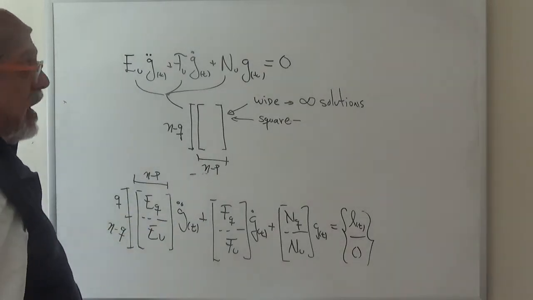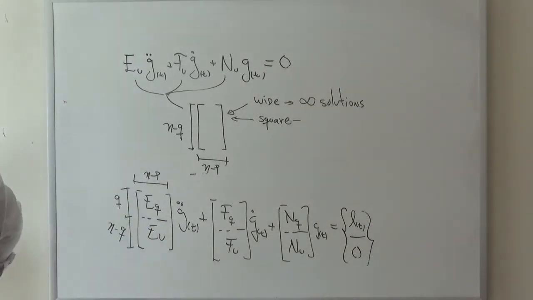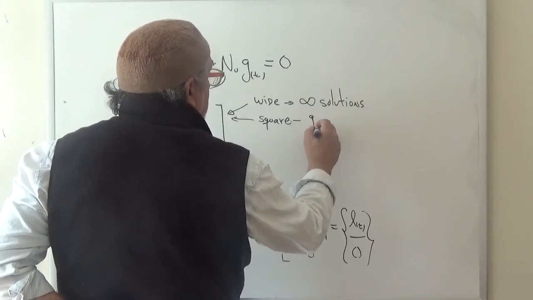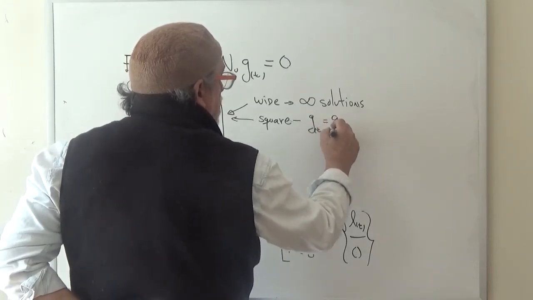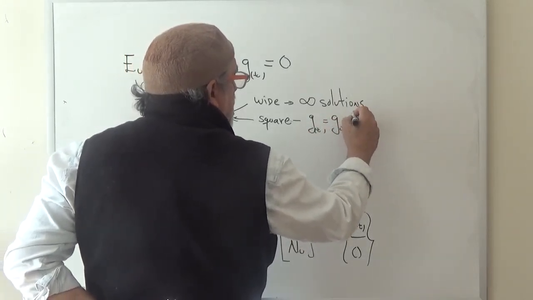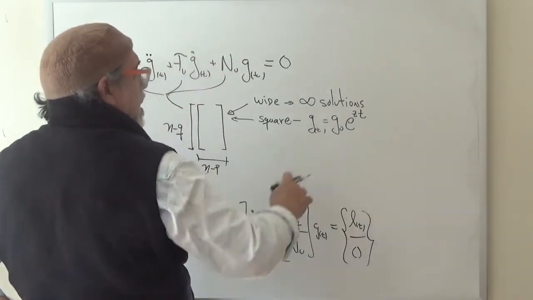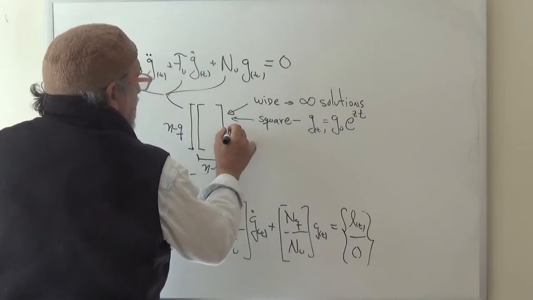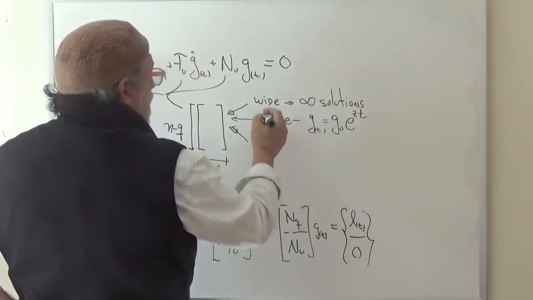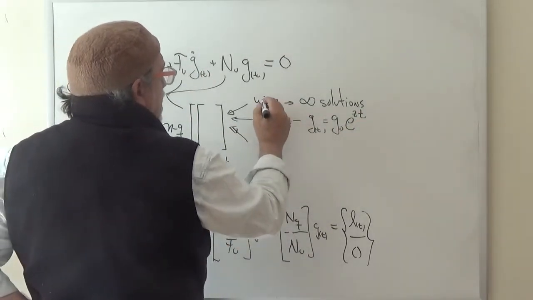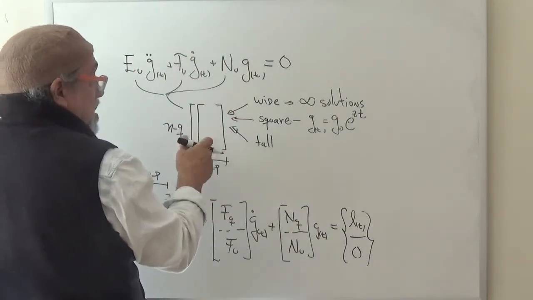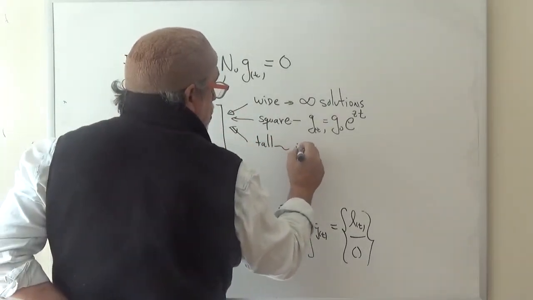But I think these solutions are something like GT equals G0 e to the ZT, a decaying exponential kind of solution. If the matrix is tall, then in general there's no solution.